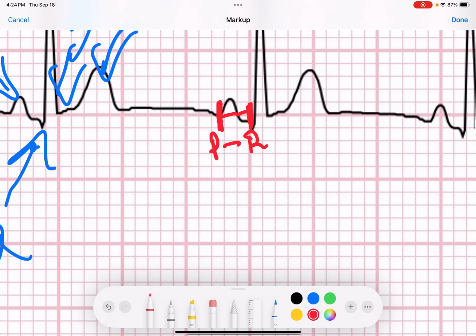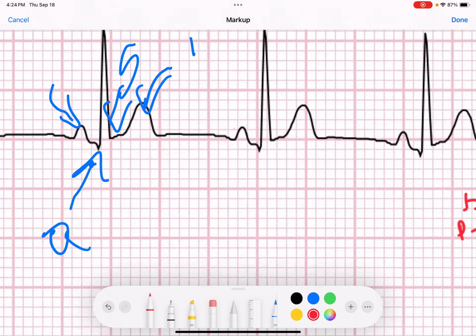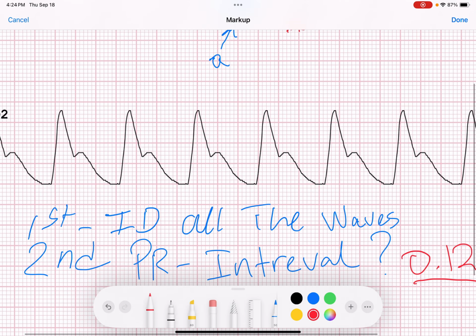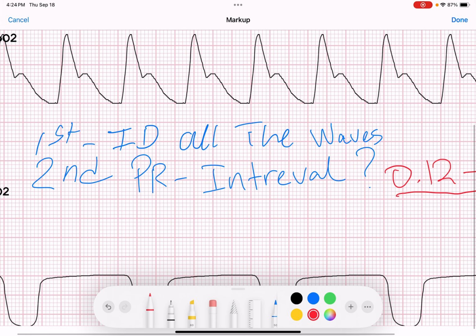So here you need to measure how much that is. Let me erase that so we can measure it. We have 1, 2, 3, and kind of ends with a little bit of a 4 right there, but that's okay. Normal range is what? 4. So we have right here all the way to right here. That is still within normal range. Awesome. So PR interval is there.